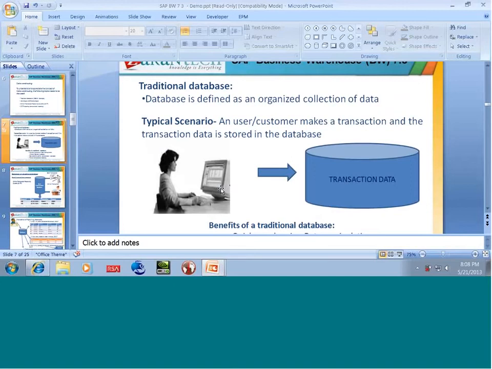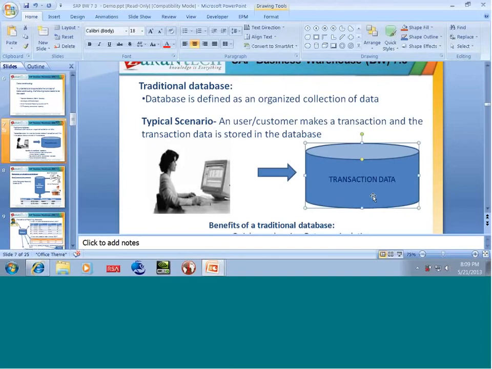Let's say I'm going to a bank, I am depositing some money in my account. So a transaction is happening. As and when a transaction is happening, that data gets stored in a transactional database. This database can be any kind of database. It can be an Oracle database. It can be a Microsoft SQL Server database. It could even be a Microsoft Access database if it's a very, very small company.